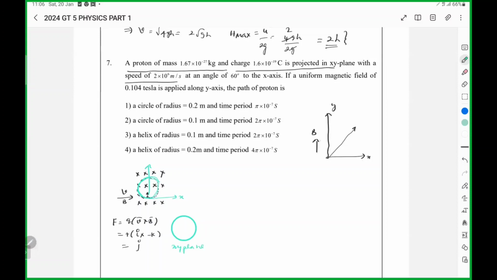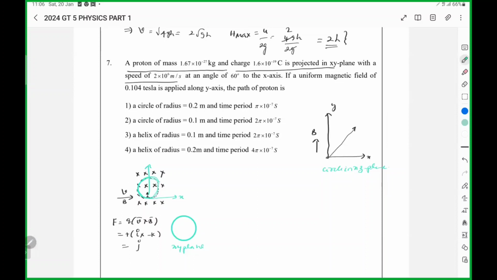Right now here the magnetic field is in the z direction, so the circle is in the xy plane. Here the magnetic field is in the y direction, so the circle will be in the xz plane.